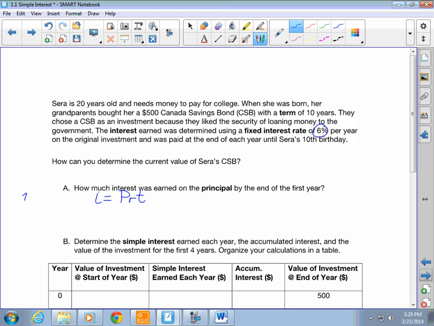So from here I know my interest rate is 6%. The principal, the initial amount that they bought for her, was $500. So that's not my I. I'm trying to find out how much interest I'm going to earn.